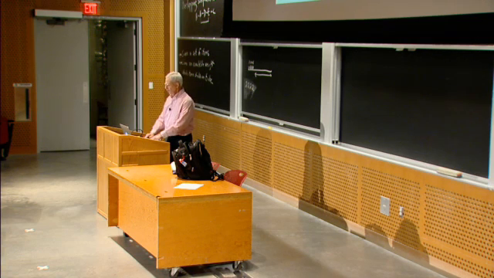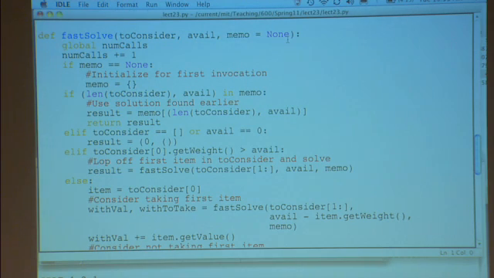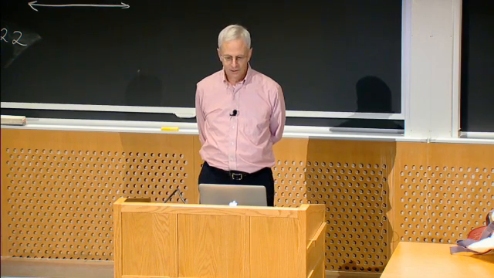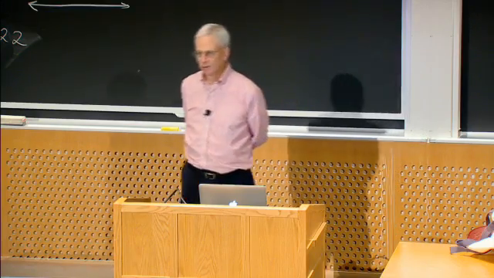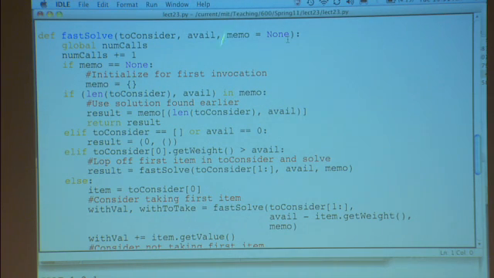And so you might think that what I should therefore do is initialize the memo to, say, the empty dictionary. I'm going to use dictionaries for memos, as before. And then just check, and if it's the empty one, that means it's the first call, so I can know whether it'll work fine for the first call. Well, it doesn't work fine. And here's the dirty little secret. In Python, when you have a parameter with a default value, that default value is evaluated once.